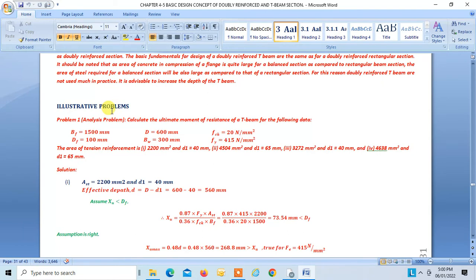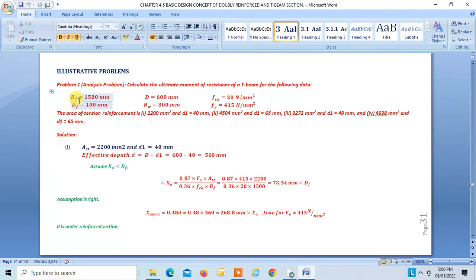Illustrative example. Now we will start with an example. First, we will do an analysis problem. Calculate the ultimate moment of resistance for a T-beam for the following data.